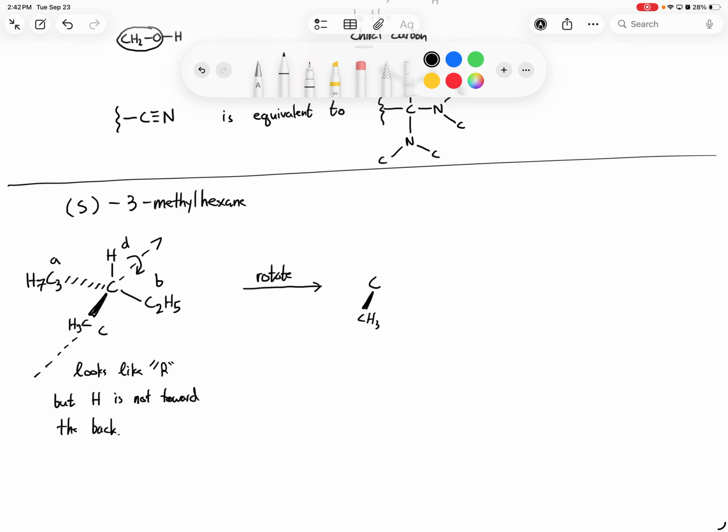All right, so I'm going to rotate this clockwise. All right. So here, the H has now replaced where the C2H5 is, and the C3H7 has moved to the top.